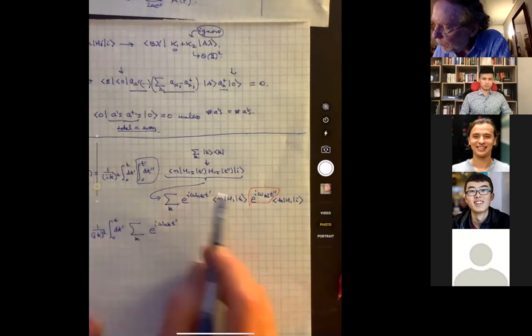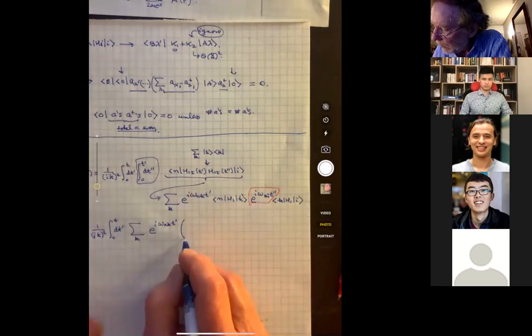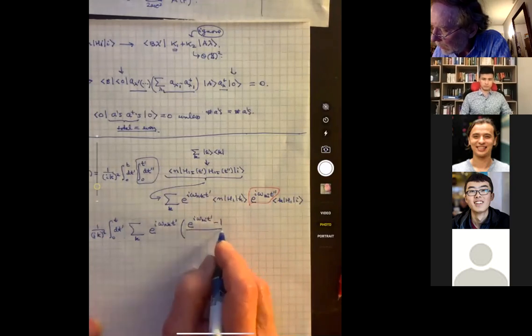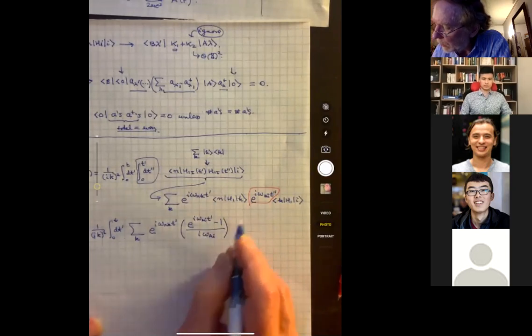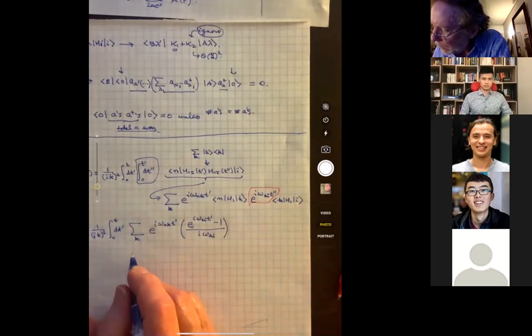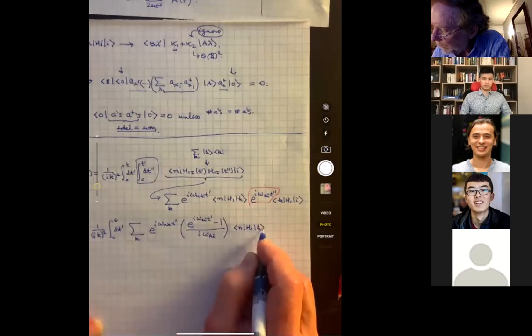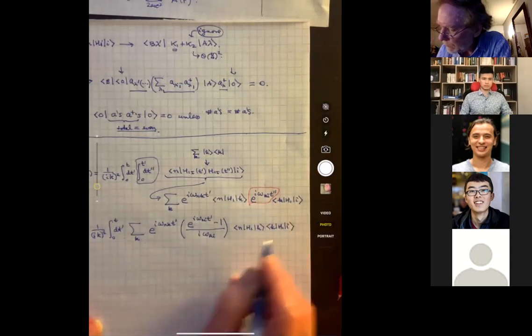Now I'm going to write down the result of the t double prime integration, and that is e to the i omega Ki t prime minus 1 divided by i omega Ki. That's just an elementary integral to do. What's left over is the matrix elements n H1 K, K H1 I, second order.